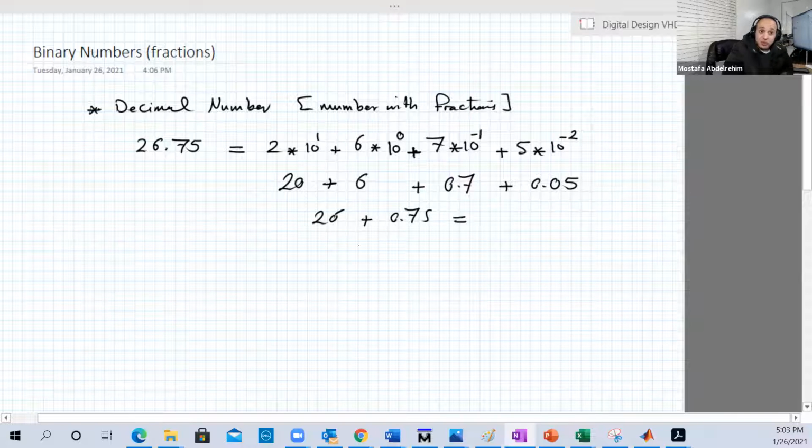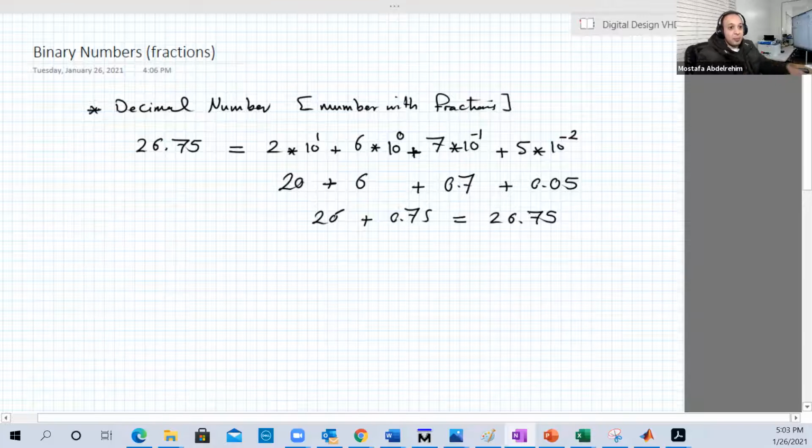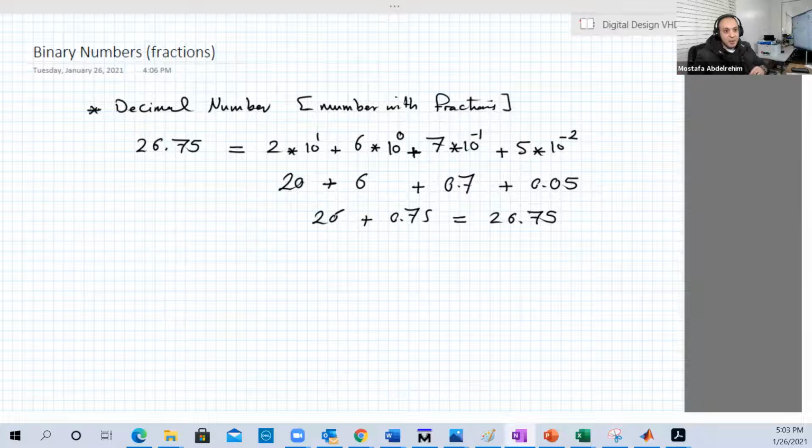Adding those two together, this is 26.75. So basically, fractional decimal numbers have the same flow, 10 to the power of something, but these exponents are all negative.